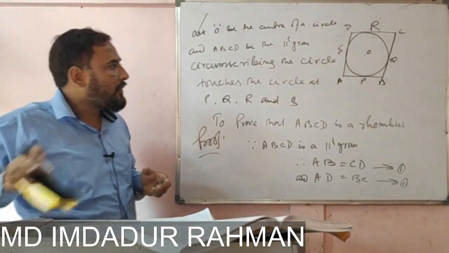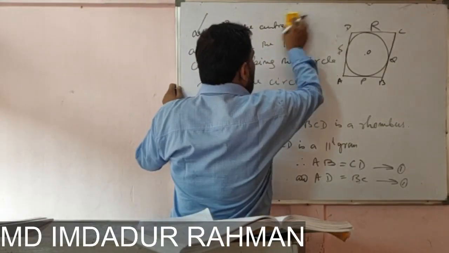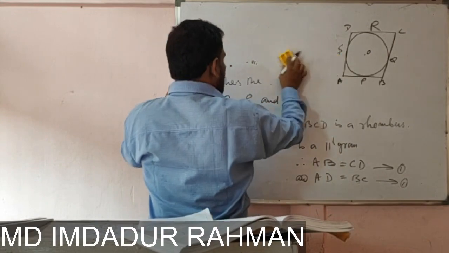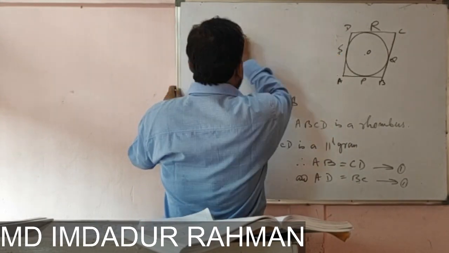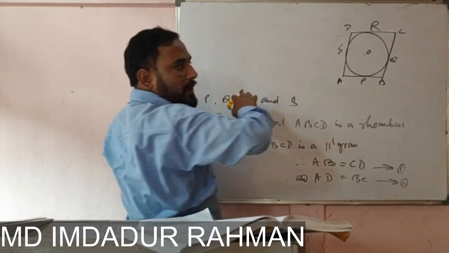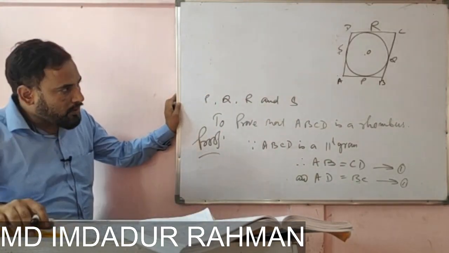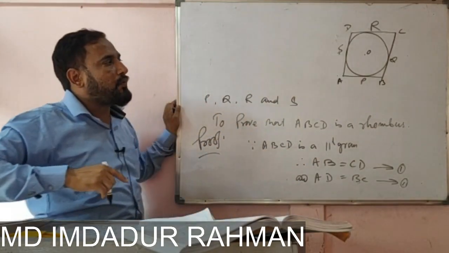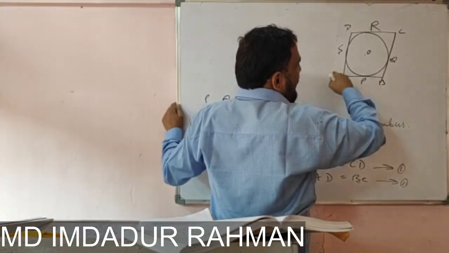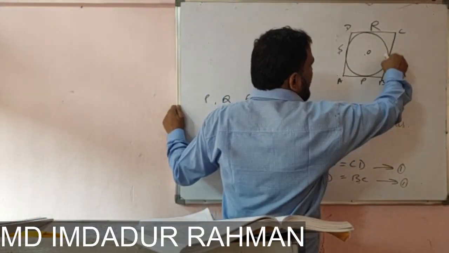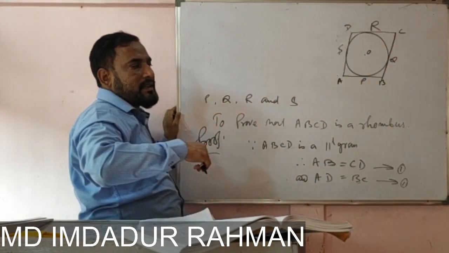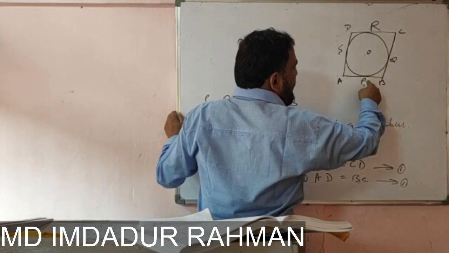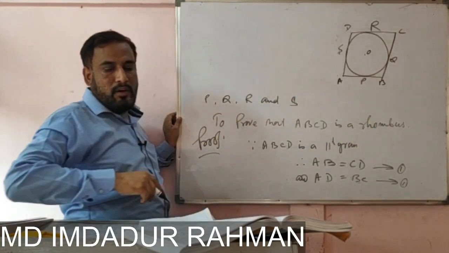Now another theorem we will use here. We just proved that tangents drawn from an external point to a circle are equal. So AP and AS are two tangents drawn from an external point A, and likewise from the external points B, C and D. Then we can say that AP is equal to AS, BP is equal to BQ, and so on.